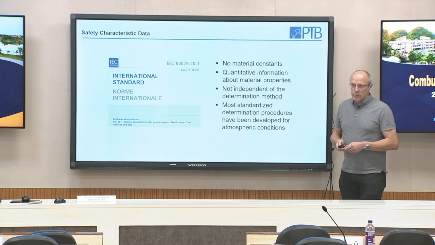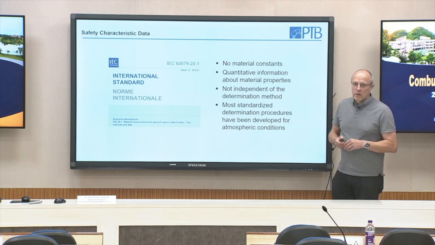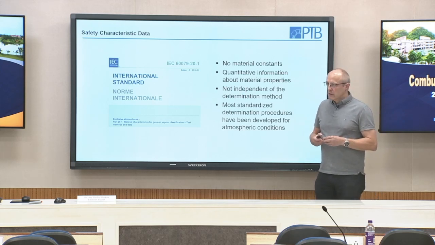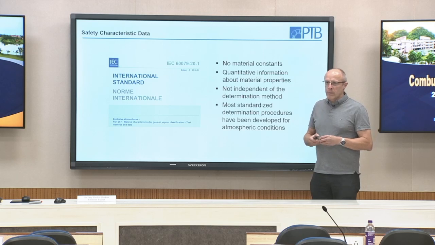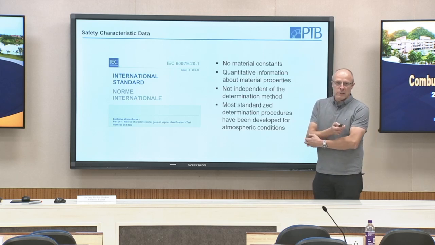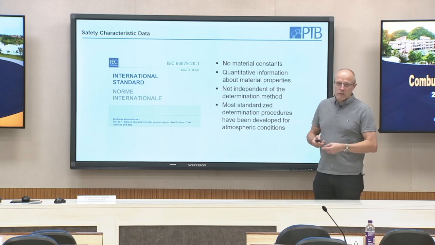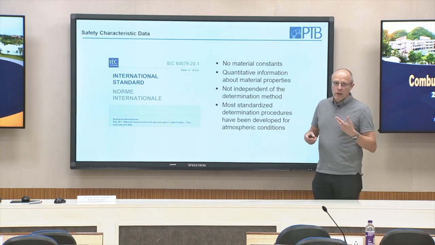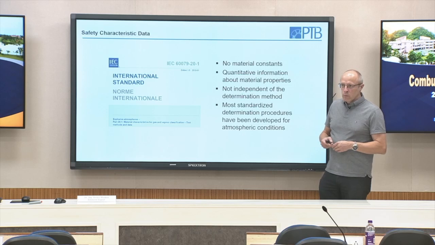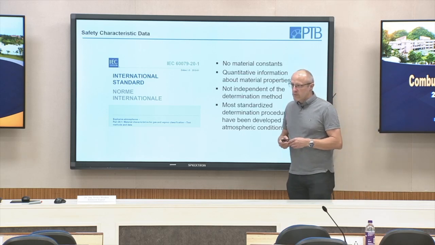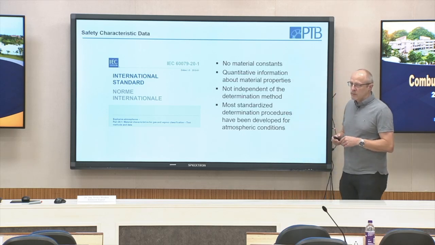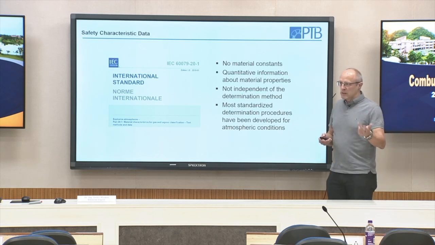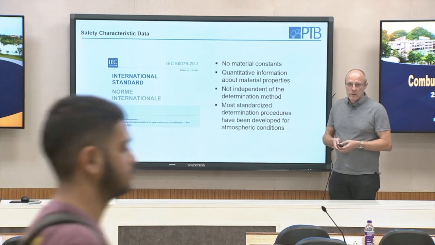So group 2A, propane, large minimum ignition energy, large maximum experimental safe gap. Here the safety requirements are not so high concerning the electrical equipment we want to use, compared to 2C, hydrogen, acetylene, substances which are very easily ignited, and therefore here the requirements concerning the equipment are much higher.